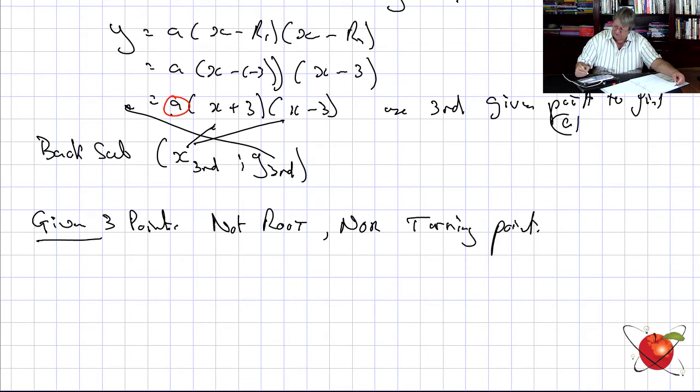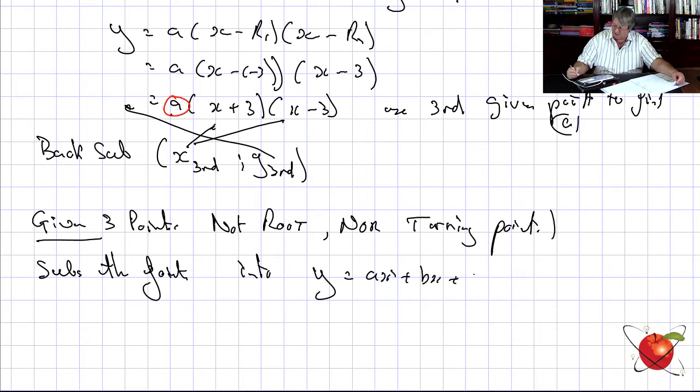Substitute the points into y equals ax squared plus bx plus c. You will find one of the points is 0 and y.